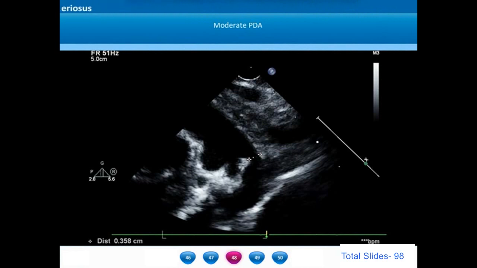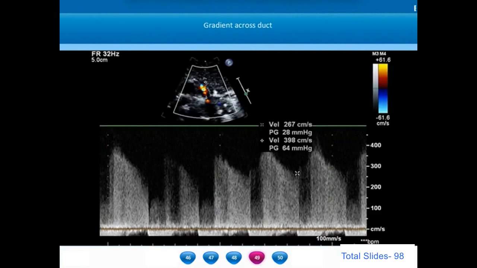This is an indicator of a moderate sized ductus arteriosus. When we take the Doppler gradient from the aorta to pulmonary artery with continuous wave Doppler, we identify here that the diastolic gradients are around 28 millimeters of mercury. This is an indicator of mild to moderate pulmonary arterial hypertension.